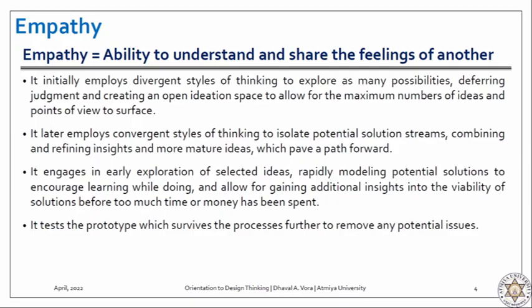And at that time, do not think about whether the solution will work or not. You just need to put all these solutions, or all the thoughts, together on a table, and then think over whether a solution is feasible or not.